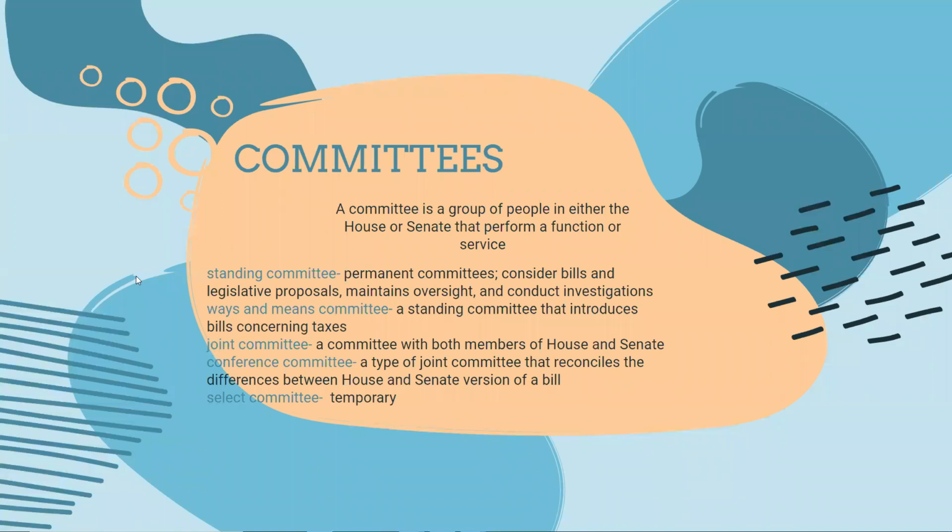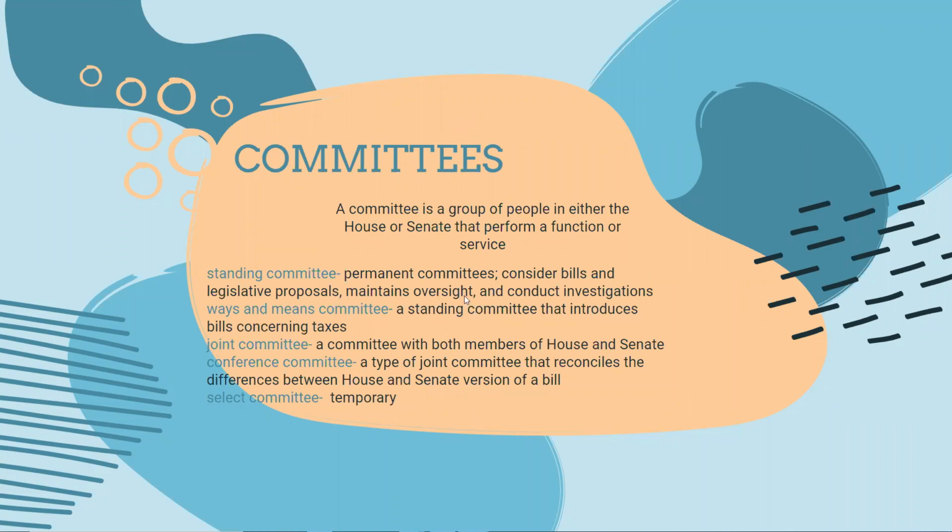So oversight, we're not gonna go too deep into it, but it's an example of a check and balance, which basically is where the three branches always check each other to make sure none of them are abusing power.